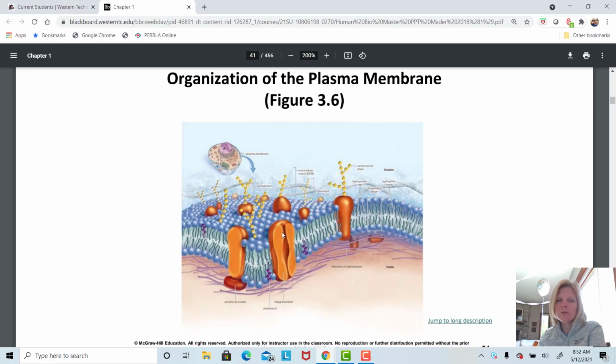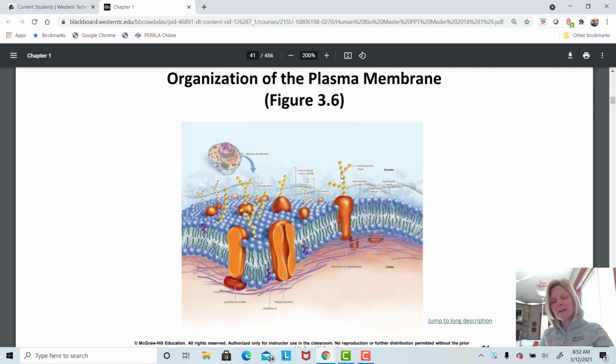So here's an example of a channel protein that will transport some of those water soluble substances across. So we have these phospholipid molecules, and we have these large embedded proteins. Some of them have different functions. This one is serving as a channel. This one is attached to a carbohydrate, and this might be used for cell recognition and communication. These carbohydrate molecules are kind of the identifying structure on the outside of a cell.